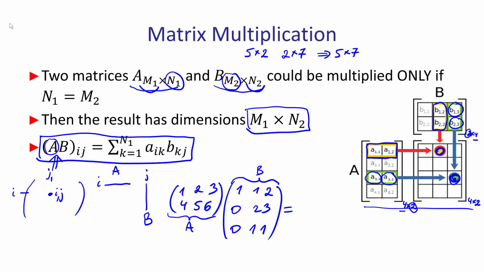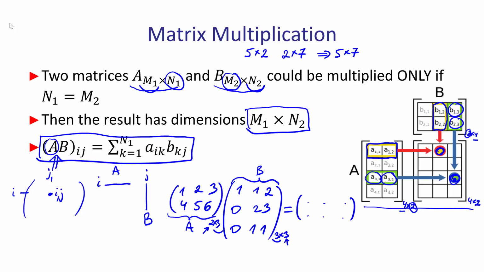So let's check the dimensions. This one is 2 by 3, and this one is 3 by 3. So the inner dimension fits, which means you can do the multiplication. The result will be 2 by 3, so it will be 2 rows and 3 columns. So this will be the shape.